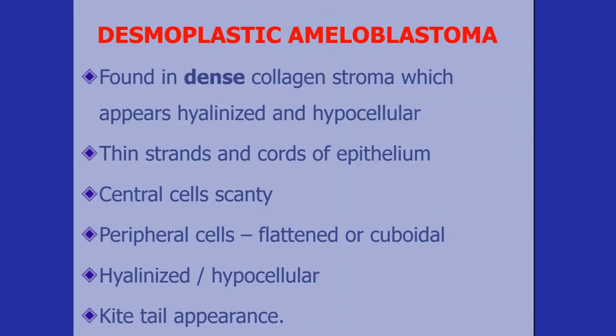So please remember, in follicular ameloblastoma, you were seeing proper follicles. Here, you see structure which is kite tail in appearance, and it is thinned out from all the sides. Why? Because there is dense collagen stroma which is actually pushing it, and it is changing in its size, and it is becoming like those thin strands and cords of epithelium.